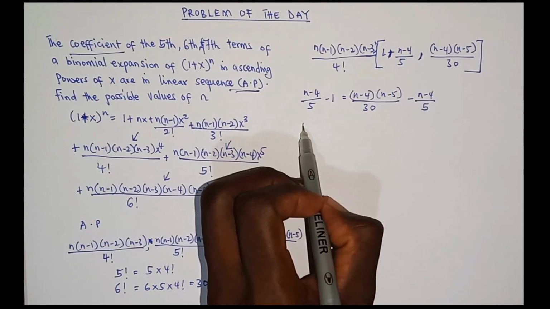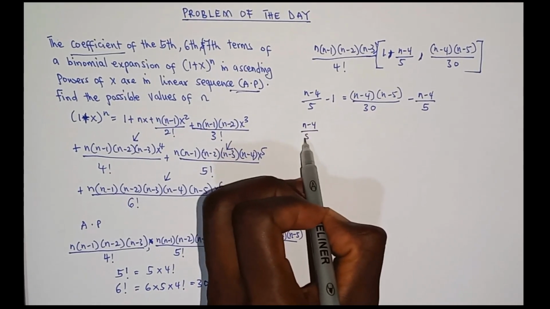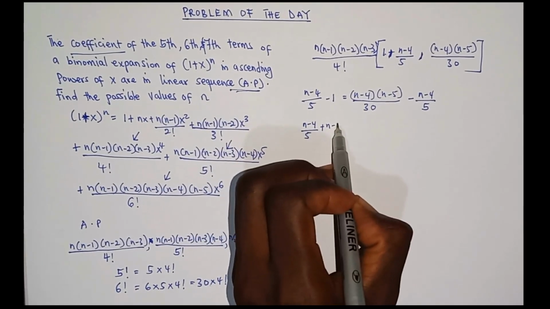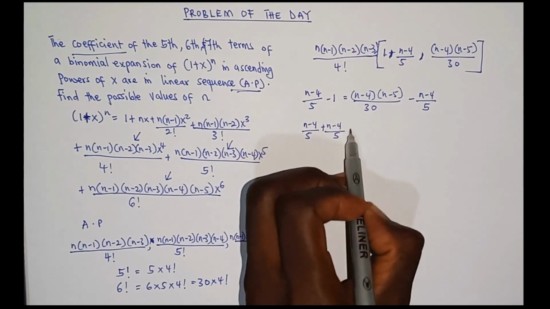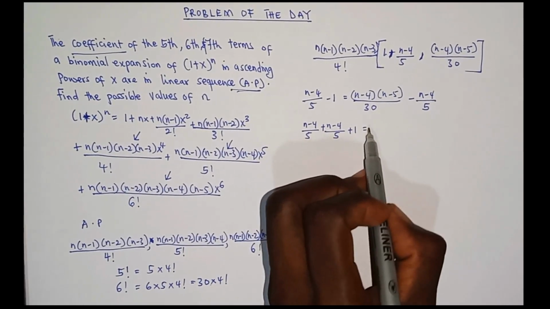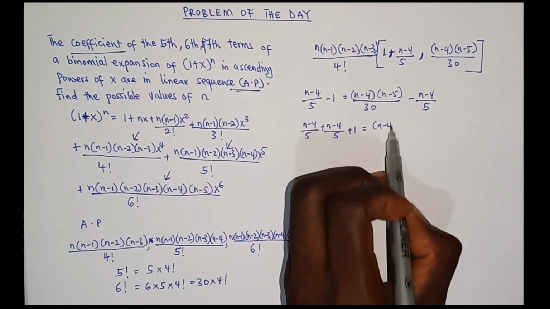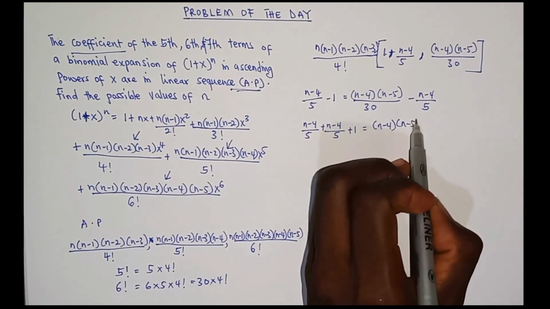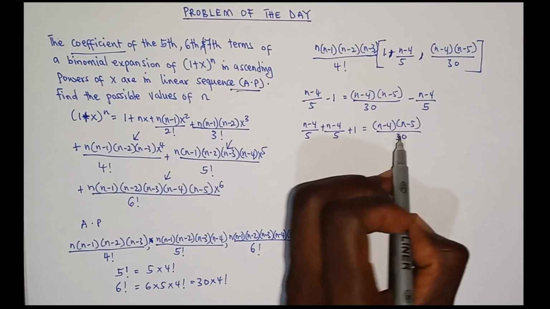So it becomes (n − 4)/5 + (n − 4)/5 − 1 equals (n − 4)(n − 5)/30.